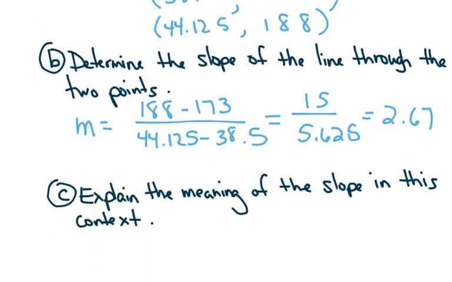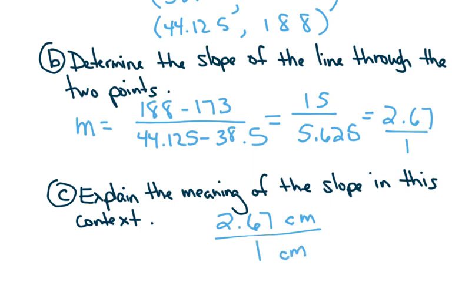What the rate of change in this particular problem says is that for each 1 centimeter increase, now where did I get that from? When I reduce that fraction, it's really 2.67 over 1. It says that the change in the size of the tibia is 1 centimeter for each 2.67 centimeters of the man's height.